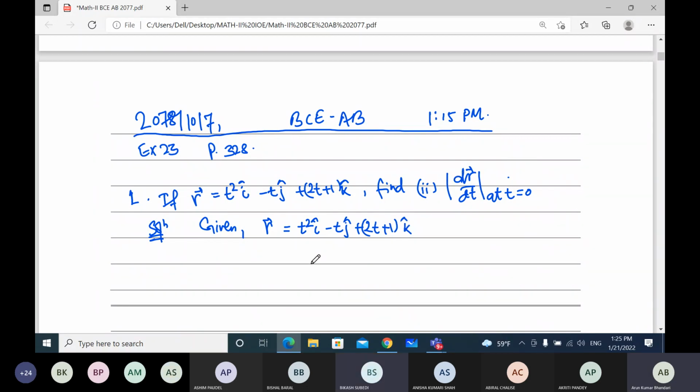Differentiating with respect to t, dr by dt is equal to i d(t square)/dt component wise minus j dt/dt plus k d(twice t plus 1)/dt.